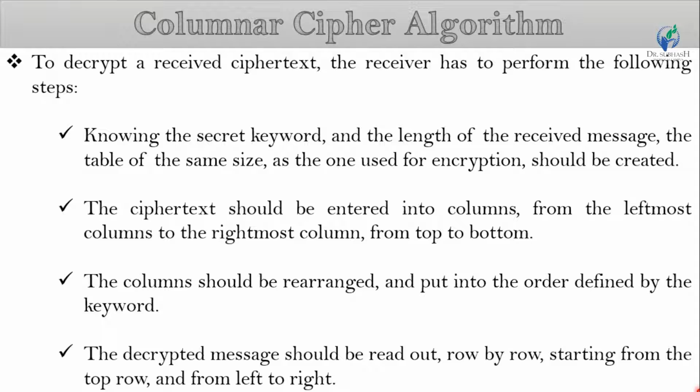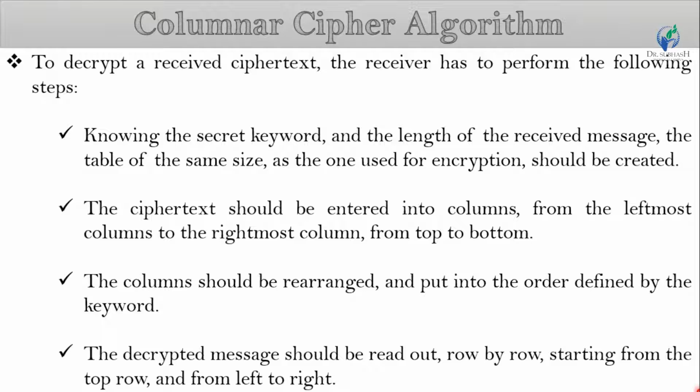To break the ciphertext, attackers should try to create tables of different sizes, enter the encrypted message down into the columns, and for each table, look for anagrams appearing in rows. So this way we can increase or decrease the security of the columnar cipher.